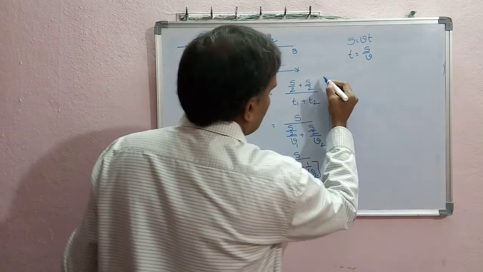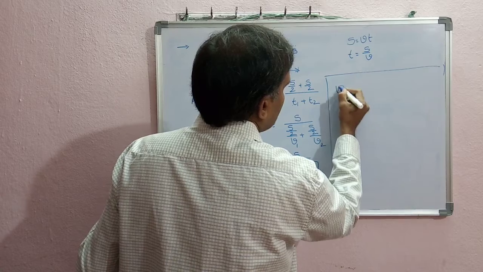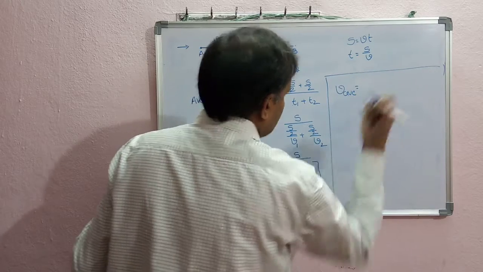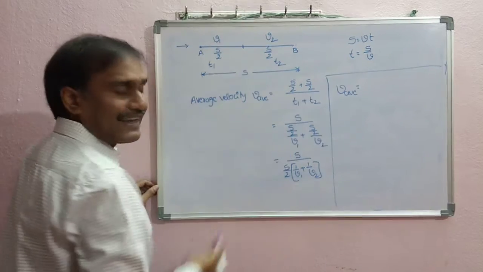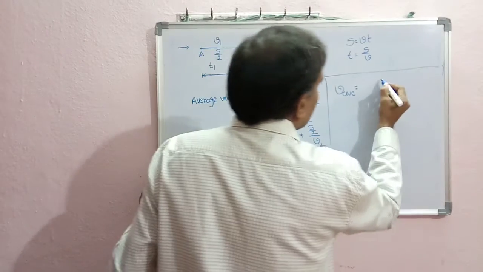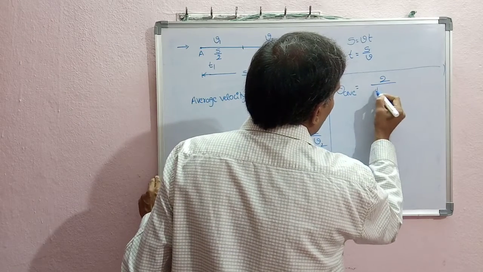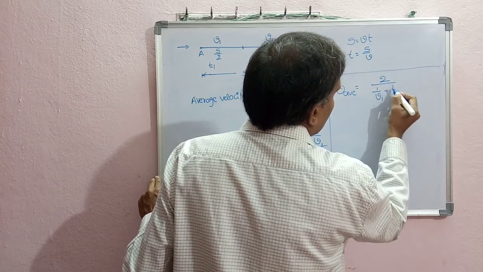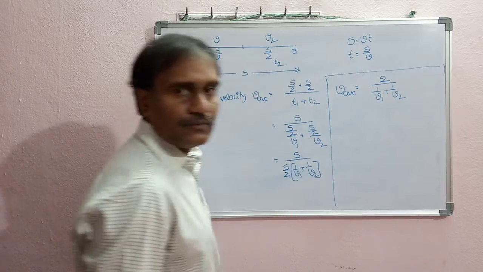Or average velocity V average is equal to, S gets cancelled, 2 goes to the numerator, therefore 2 divided by 1 by V1 plus 1 by V2.